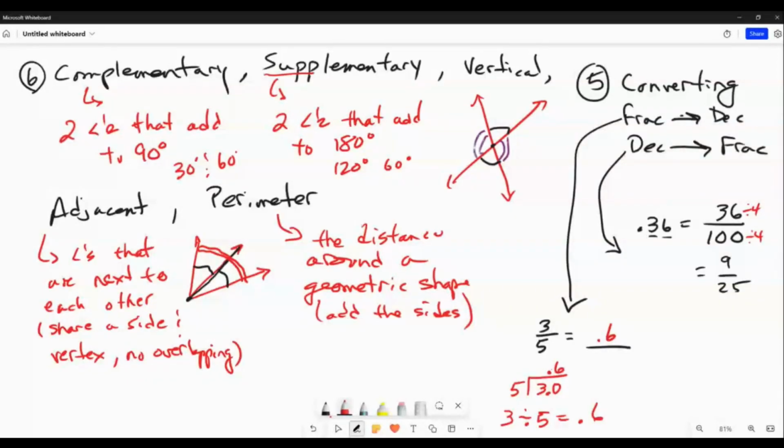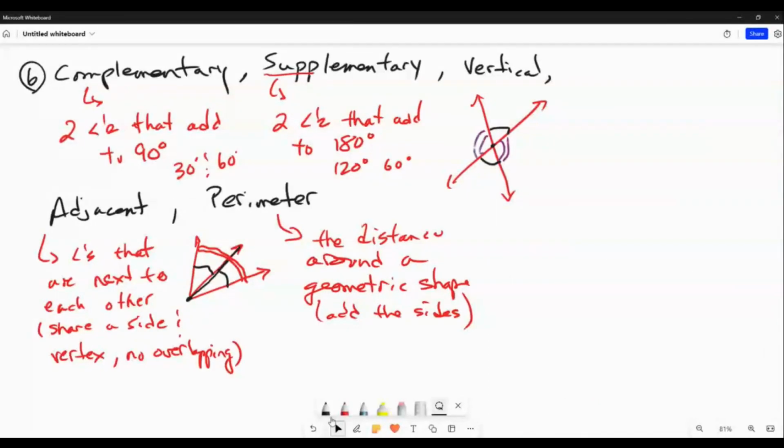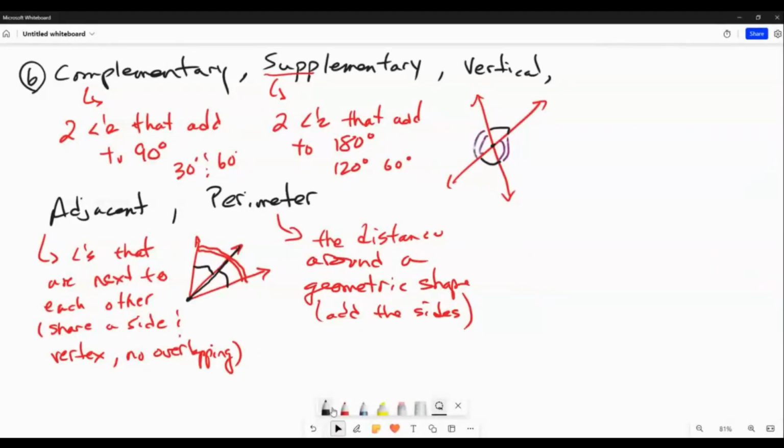Add up all of the sides. And it's basically as simple as that. Where you have to be careful is when you have those drawings where maybe one of the sides is missing. And what you have to do is kind of use like you would use with a house to be able to find those missing sides.